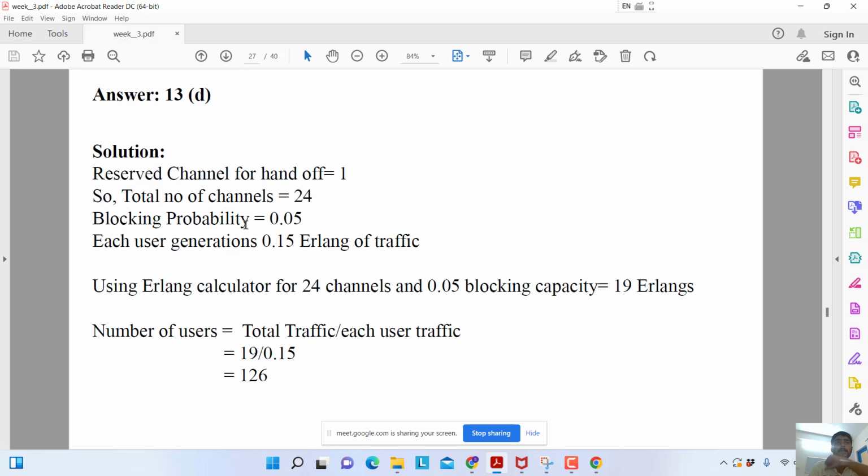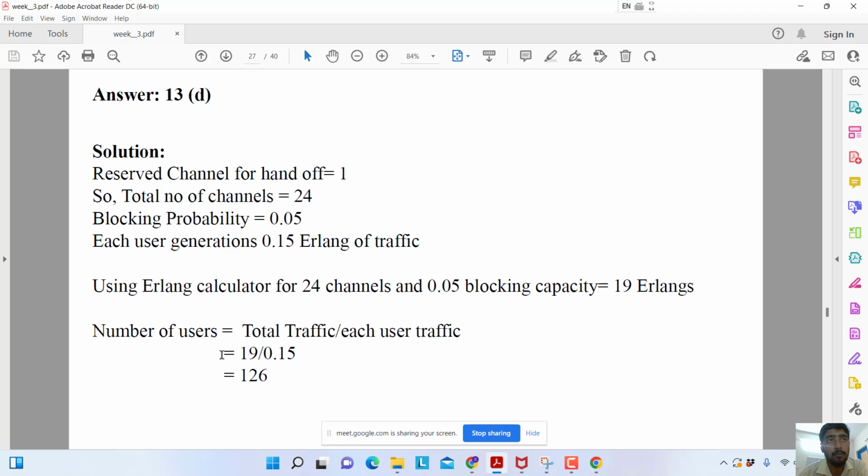The blocking probability is the same as before, 0.05, and each user generates 0.15 traffic. So here we calculate the total traffic for 24 channels with 0.05 blocking probability. It will become 19.